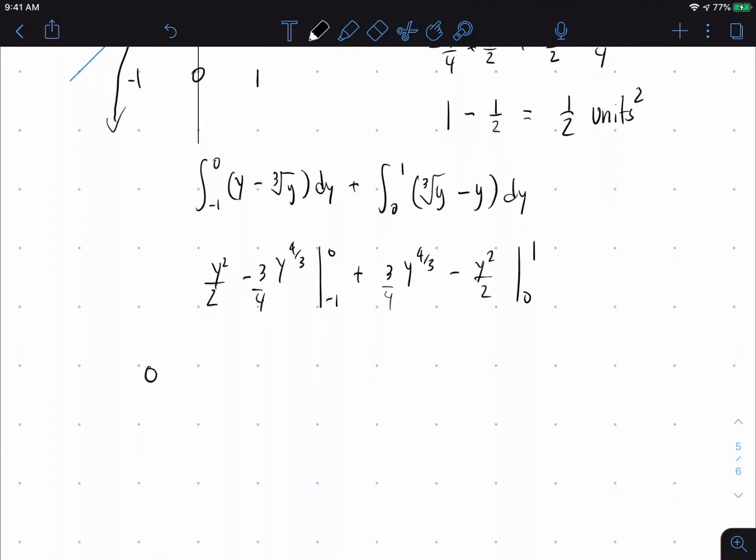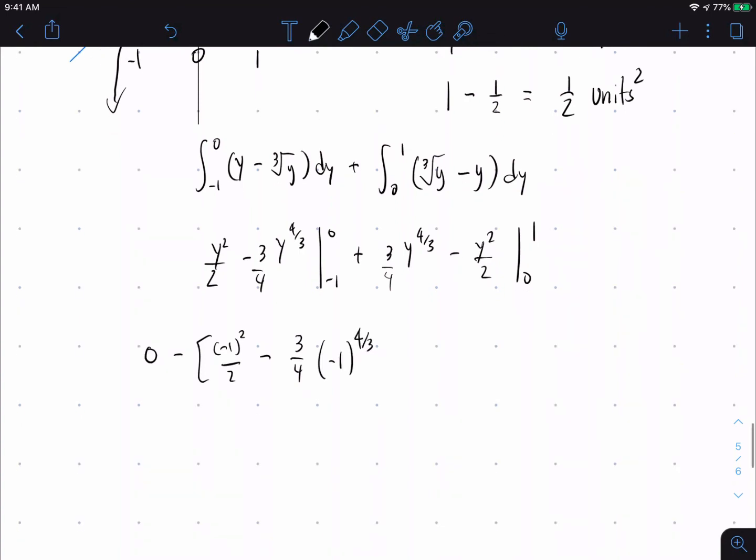So it's going to be 0 minus -1 squared over 2 minus a -3/4 to the -1 to the 4/3 plus, and this one should be in brackets just so that I'm good notation for you guys, 3/4 to the 1/4 minus 1/2 with that squared, and then minus 0, correct?